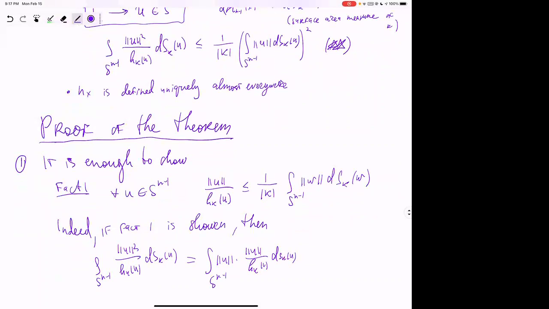And then this one I can pull out. So this guy, you see, I can just estimate as a number pointwise. Not this one, just this one, the specific one. And it's smaller than 1 over the absolute value of K, and then I will have the integral squared.